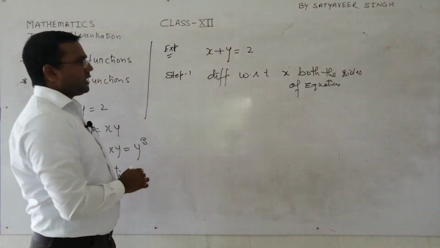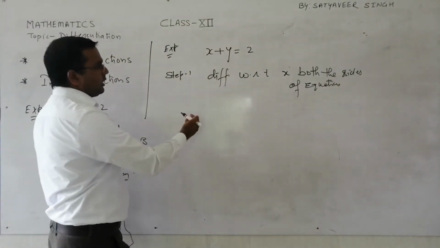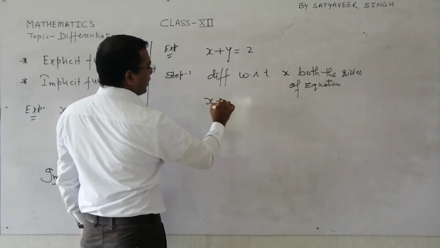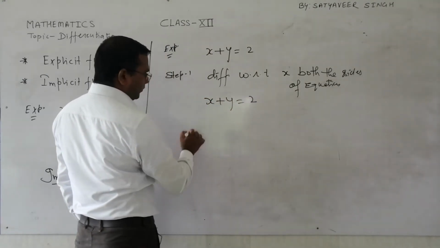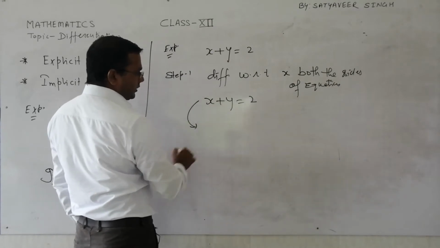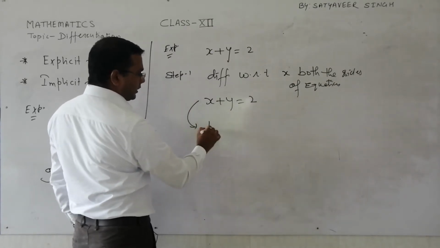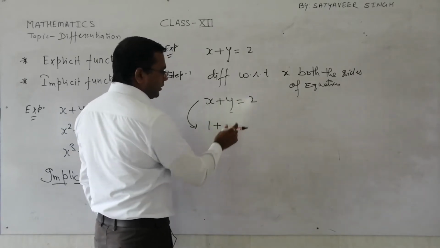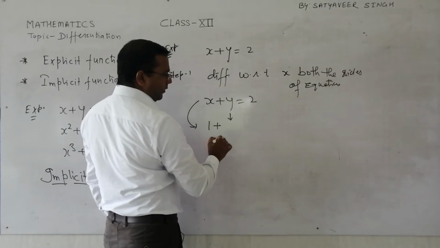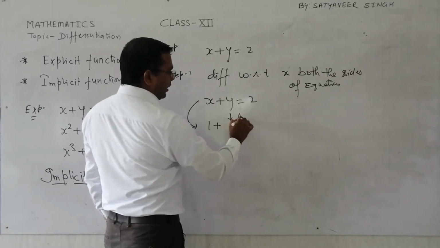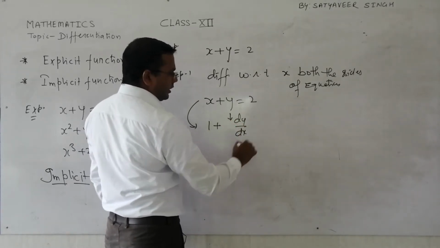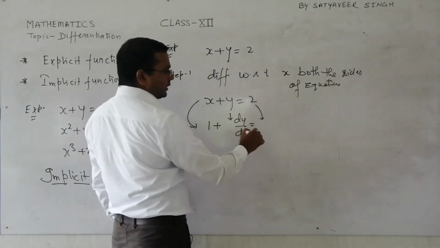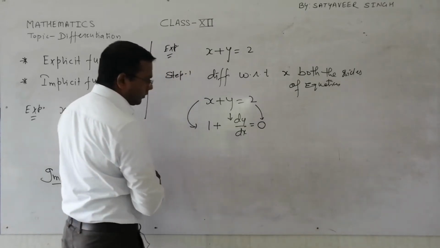If you differentiate this with respect to x on both sides, x plus y is equal to 2: the differentiation of x with respect to x is 1. Then y differentiated with respect to x will be dy by dx, and the constant term differentiated with respect to x is 0.